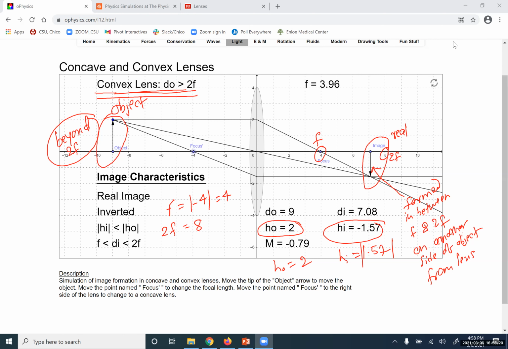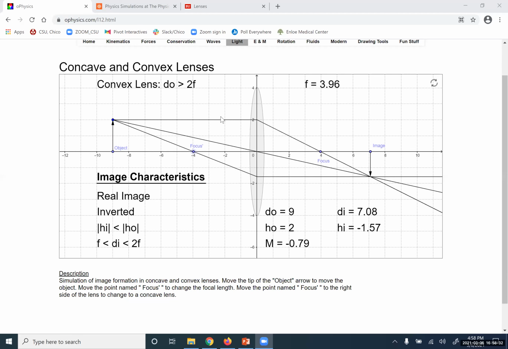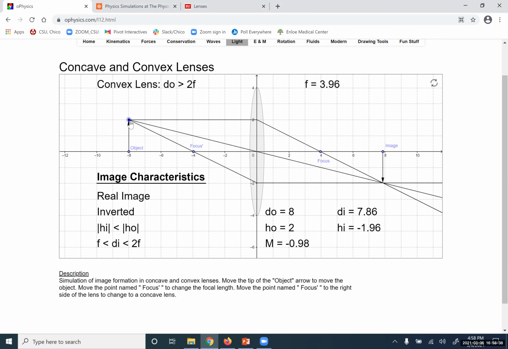Let's try the other options. Let's move this object to the position at 2f. Now the object is situated at the 2f position, because your focus is basically 4 and your twice f is basically 8.